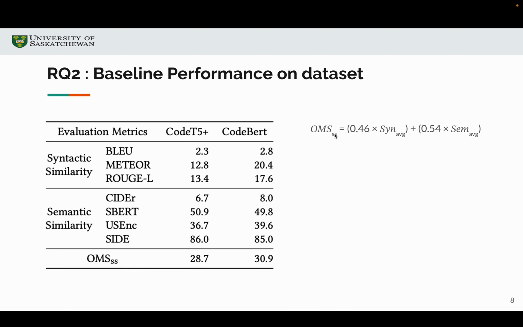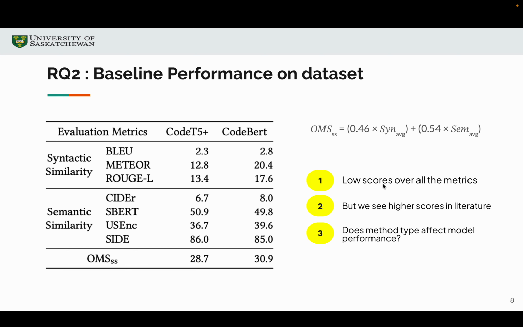So this is the metric, and it basically follows the equation here to generate scores. So we found low scores over all the metrics, but we see higher scores in the literature.